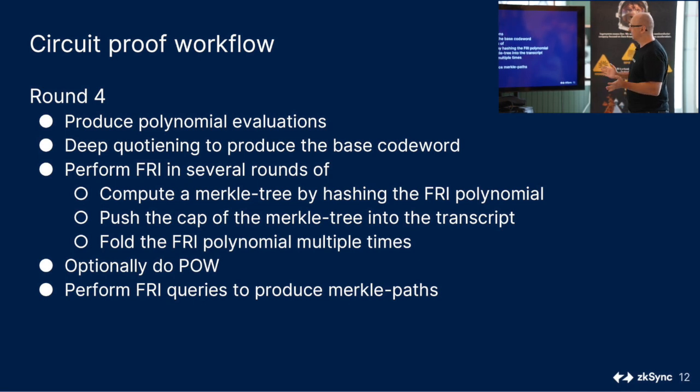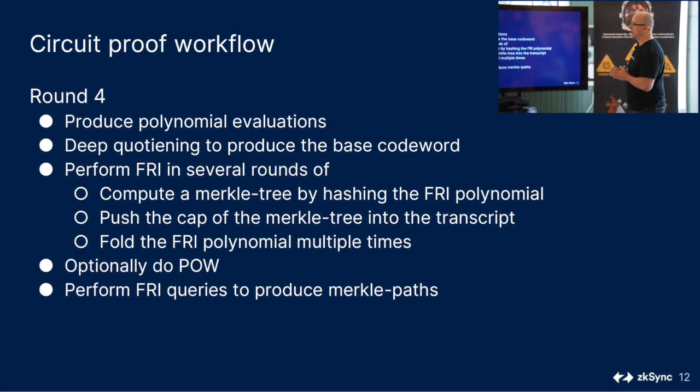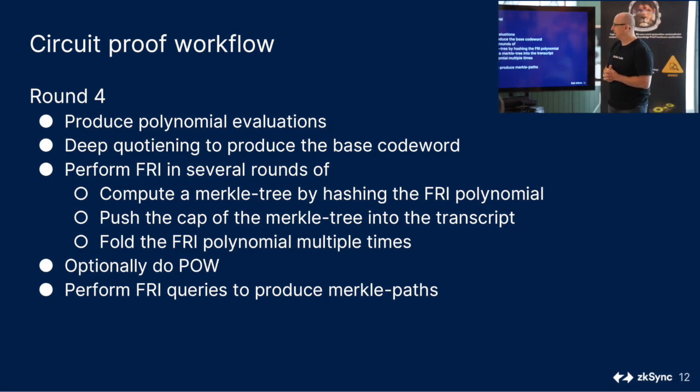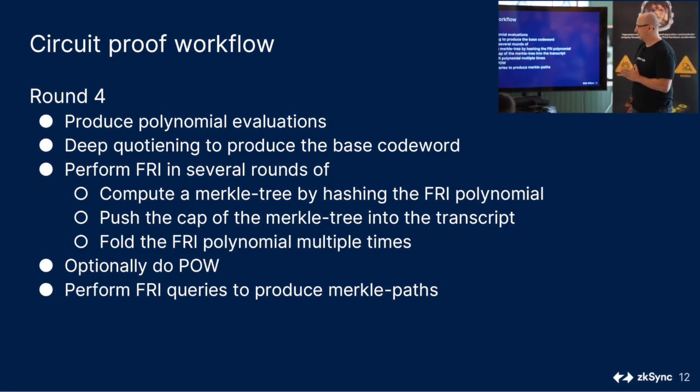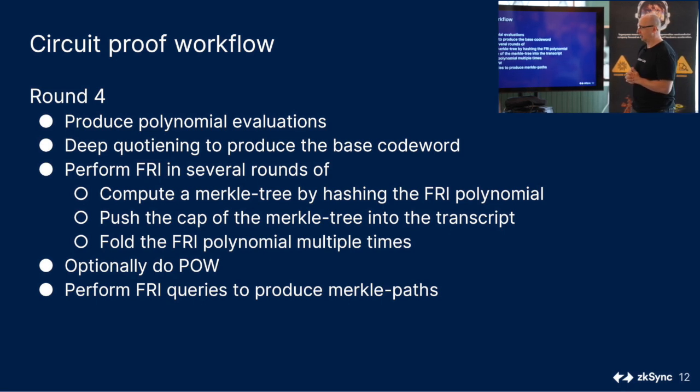Okay, so round 4. We produce some polynomial evaluations. In our case, because we have those polynomials in Lagrange form, we use barycentric evaluation. Then we do deep quotienting, which is again a bunch of arithmetic operations, and then we end up with our code word, we could say, for FRI, and then basically do the FRI rounds.